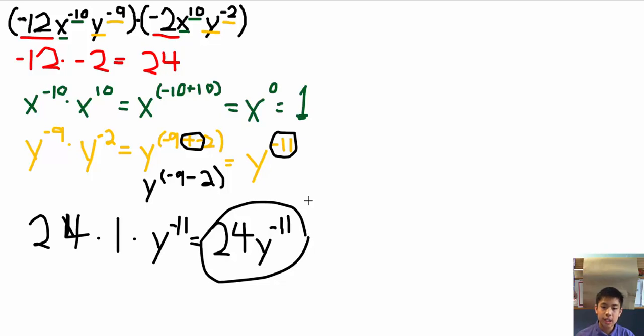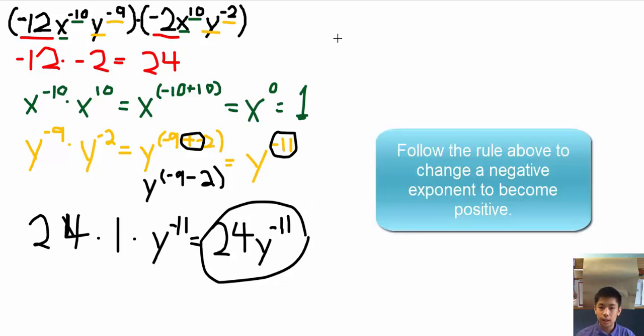To make that change, we follow the rule: x to any negative exponent is equal to 1 over x to that positive exponent.